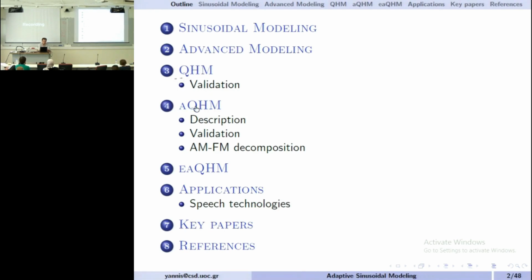Then this one does a very important job, and this one also is important, but the key is here. If you understand this, then the rest is much easier to understand, and it is a logical step. But the key is this one, so I will spend time on this one. Then we will talk about applications, some key papers and references.